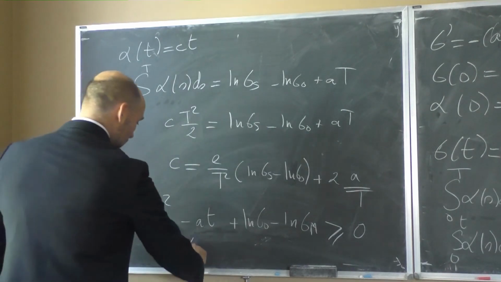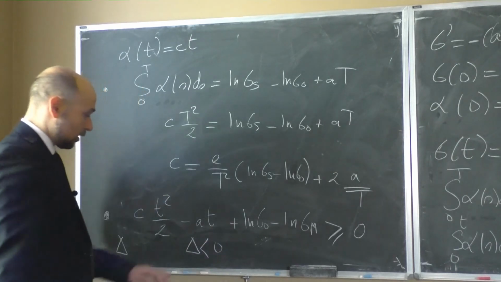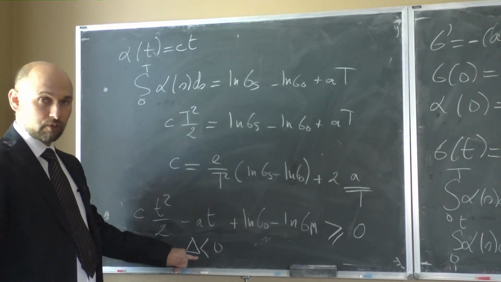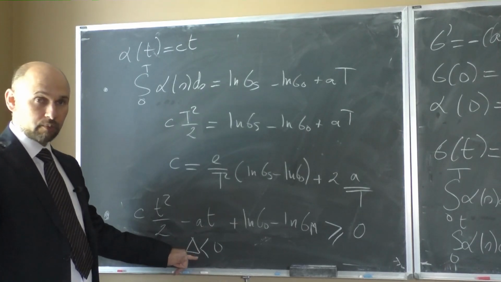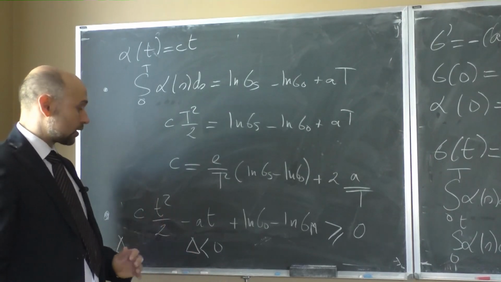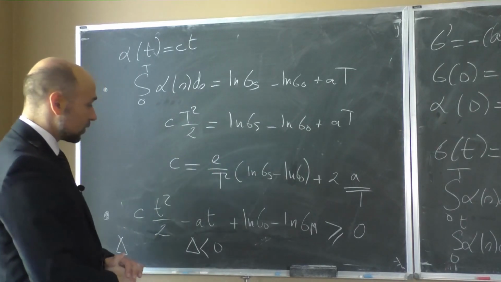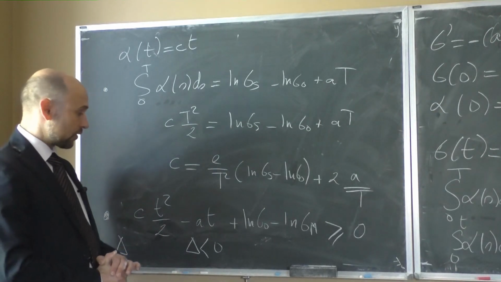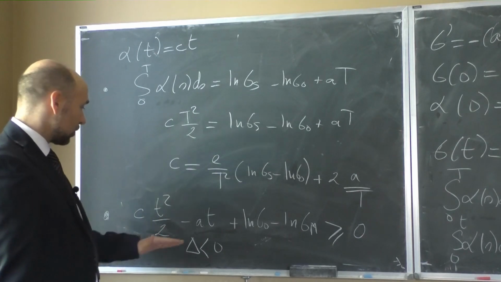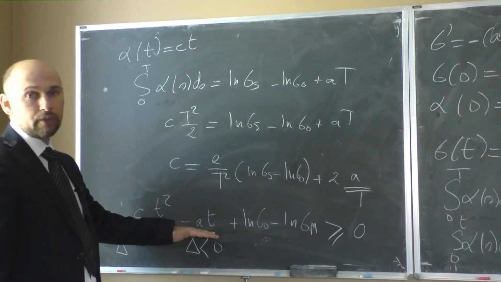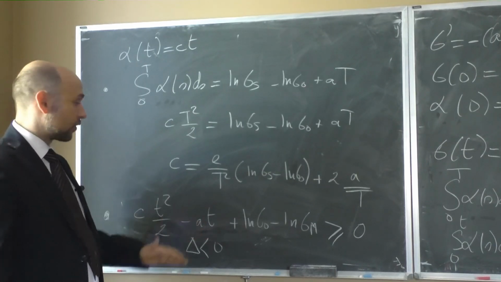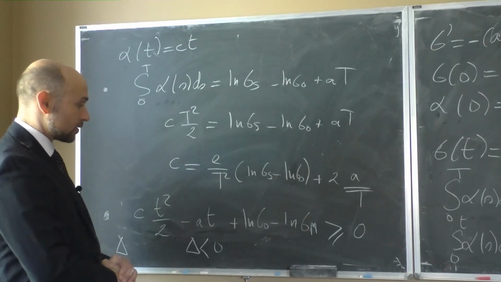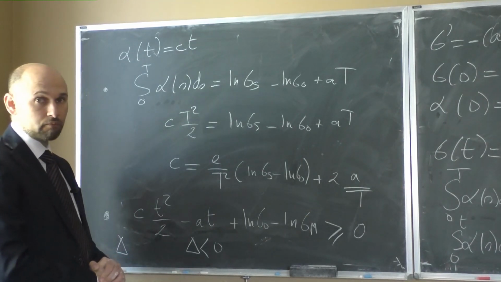Either delta is negative, this is the first condition in proposition 1, or delta is greater than 0, and then I must ensure that the first root of this polynomial is greater than capital T to ensure that my function remains non-negative. And that's it.